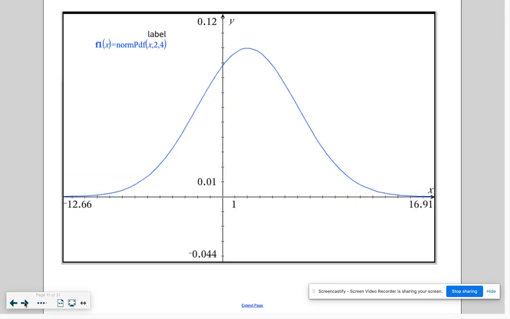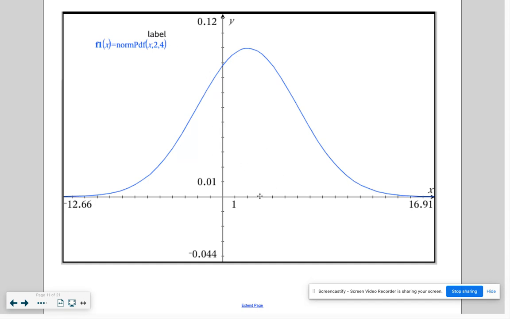If you just take your data and graph it as a normal curve without standardizing it, say you had a mean of 2 and a standard deviation of 4, your graph will just follow the data, right? So the peak of this is always going to be where the mean is.